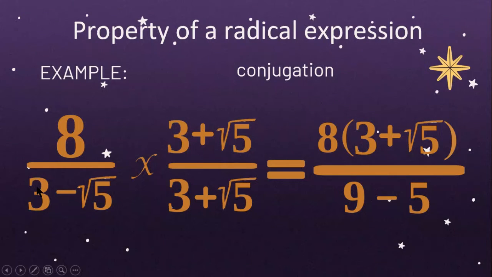the most simplified form does not have a radical sign in the denominator. Since our example has a square root in the denominator, we need to remove that. How? By conjugation. As you can see, class, we have 3 minus square root of 5. We have two terms here, the 3 and the square root of 5.